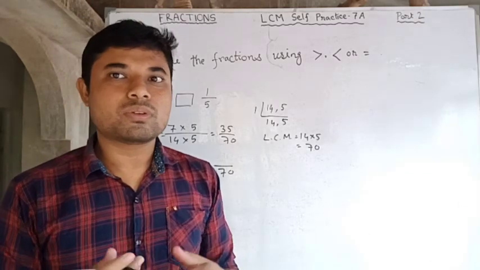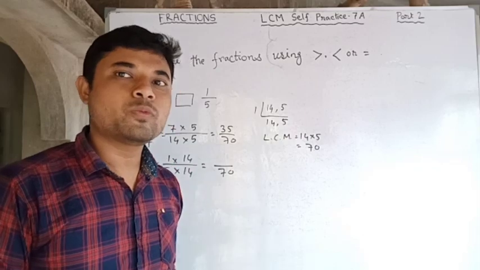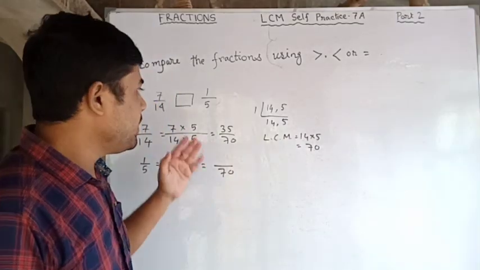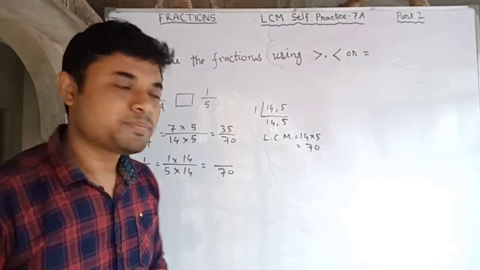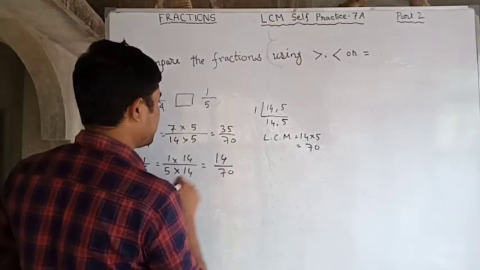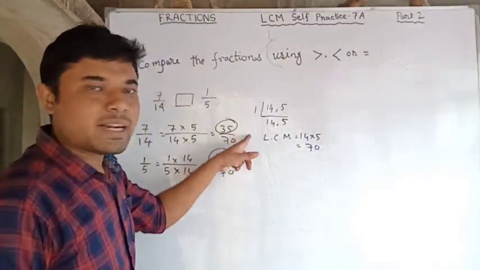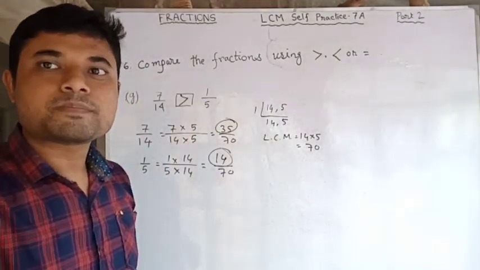If you do not make your concept clear about equivalent fractions, then you will face problems here. So make the previous concept clear first. Now see, here 35, here 14. So obviously the first one is greater.